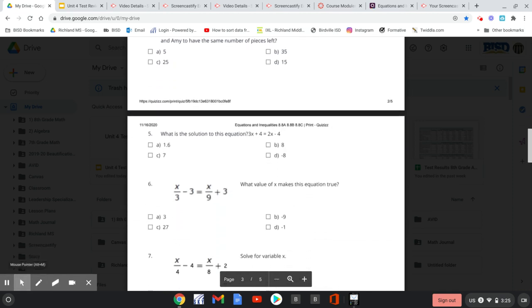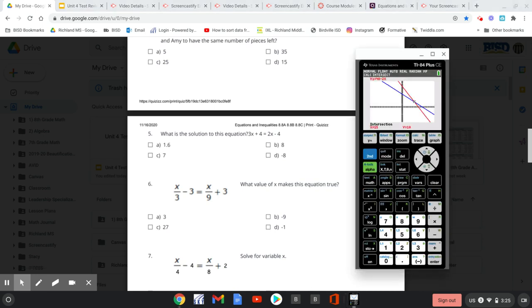Number 5, what is the solution to this equation? Let's put it in the calculator. We're going to hit y equals, and we're going to put in 3x plus 4, enter, and we're going to put in 2x minus 4.